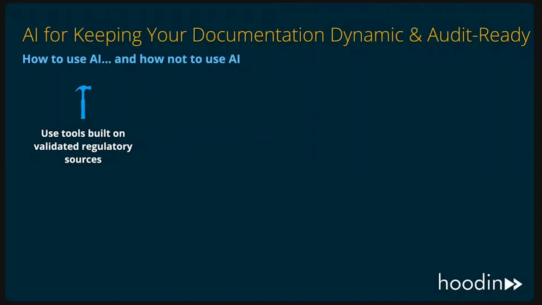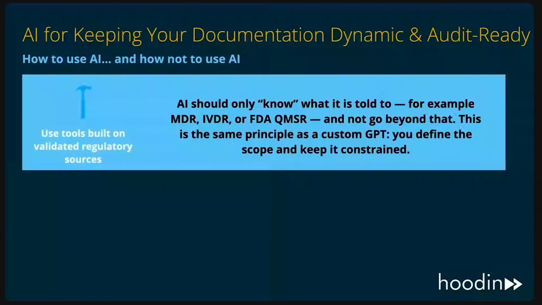Now, use tools built on validated, maybe not built on validated regulatory sources, but that contain validated regulatory sources. AI should only know what it's told to. So, for example, these regulations, and not go beyond that. And that is the same principle as a custom GPT. You define the scope and keep it constrained.